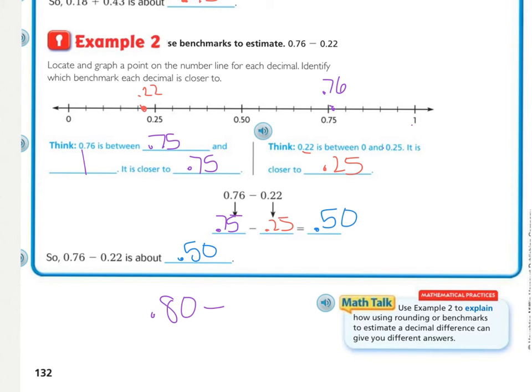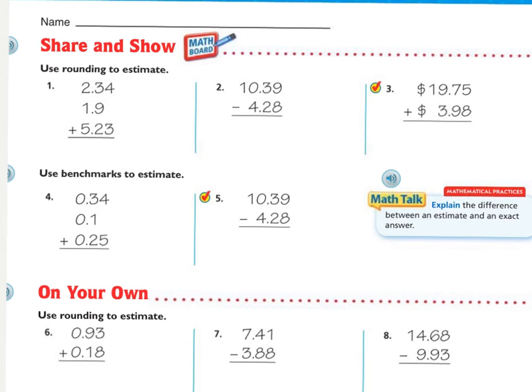Instead of going 25, it would round down to 20 hundredths, and you would end up with an answer of 60 hundredths instead of 50 hundredths. So make sure you pay attention to the directions on whether it's asking you to round or to use the benchmark numbers.